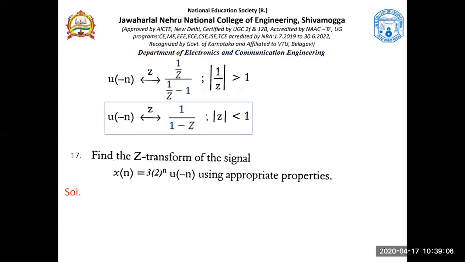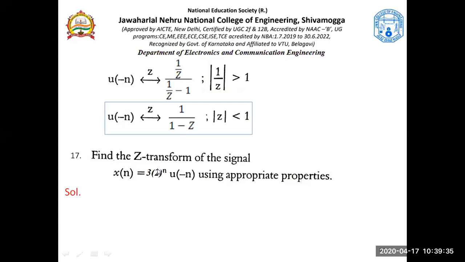How to find the z transform of this using the appropriate properties? First, identify the standard sequence in this. Which is the standard sequence? 2 power n u of n is the standard sequence. u of minus n is there, so we shall deal with that in later steps.